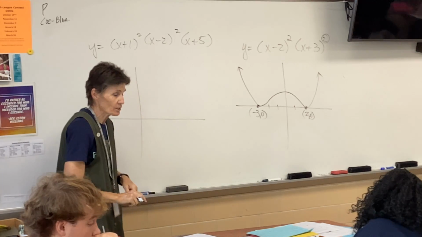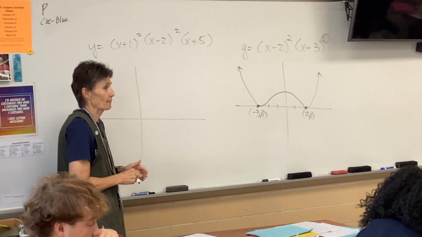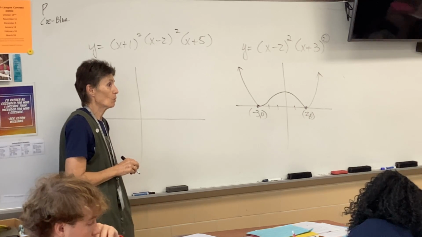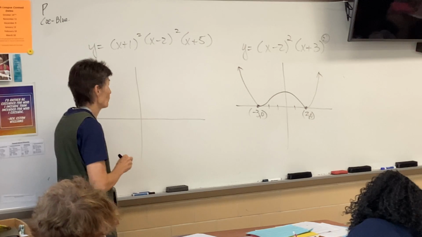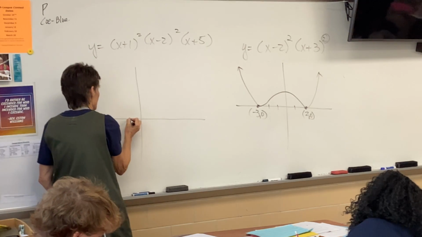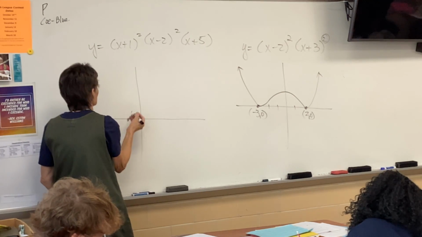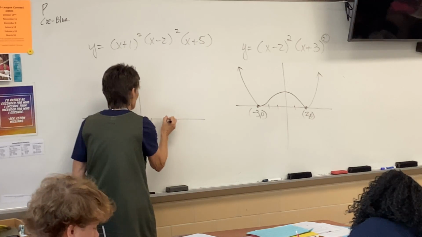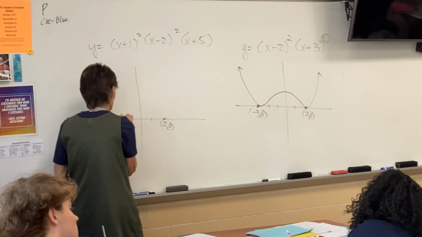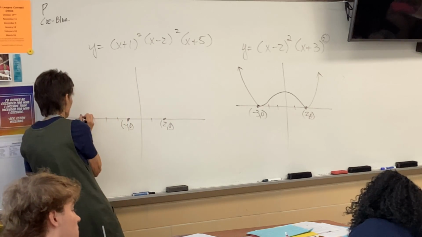Oh boy. Look at E. So what is the first thing that you should be doing? Putting your x-intercepts on, and where are they? Got one at -1, got one at 2, and got one at -5.